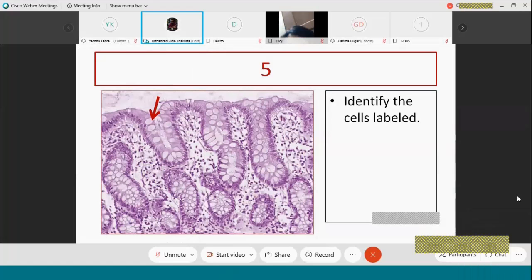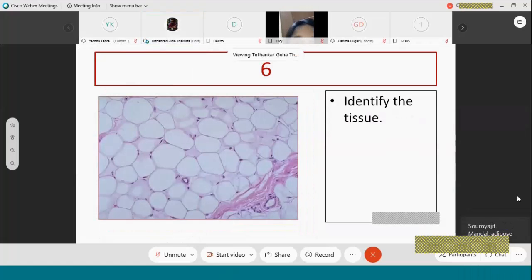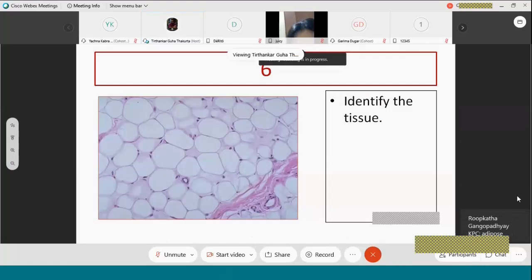What tissue is this? Wonderful. So this is adipose tissue.